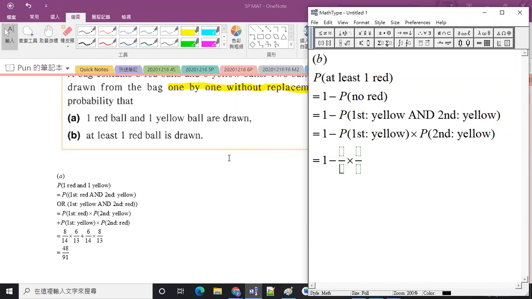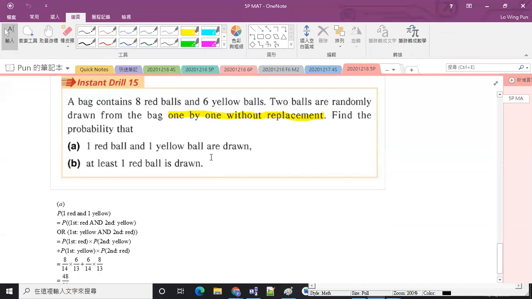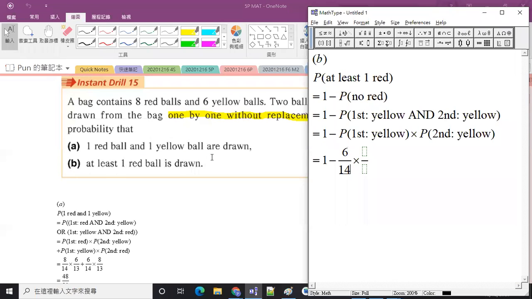First one, in the first selection, there are 14 options, and out of which there are 6 yellow balls. And then after the first yellow ball is drawn and put away, there are only 13 balls remaining. Okay, 13 options. And out of the 13 options, there are 5 yellow balls because one of the yellow balls has been drawn and put away. Okay.